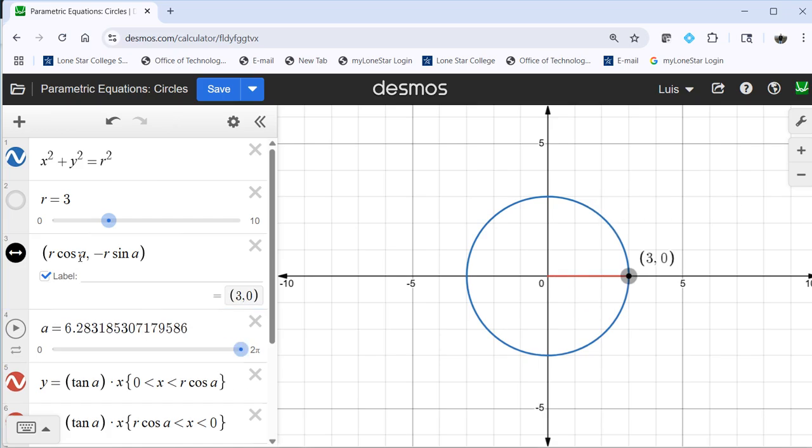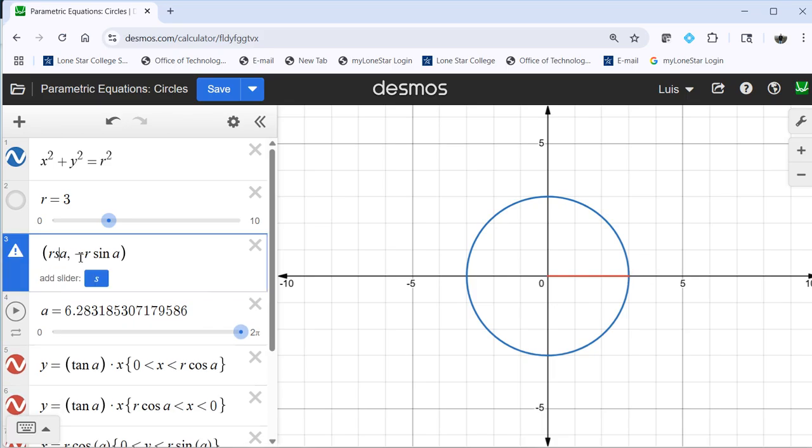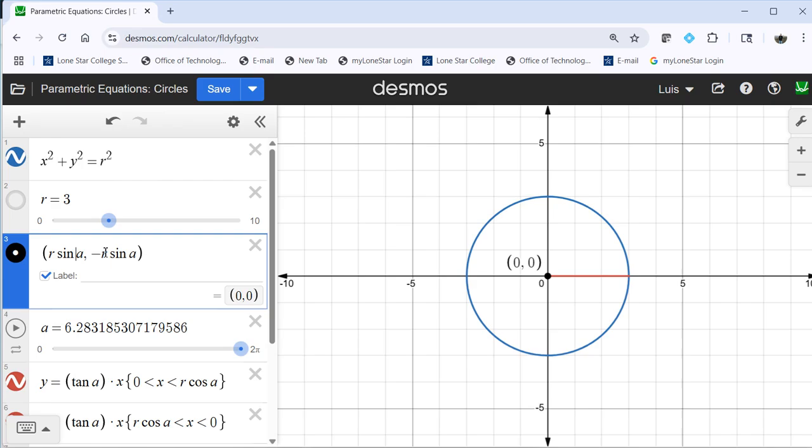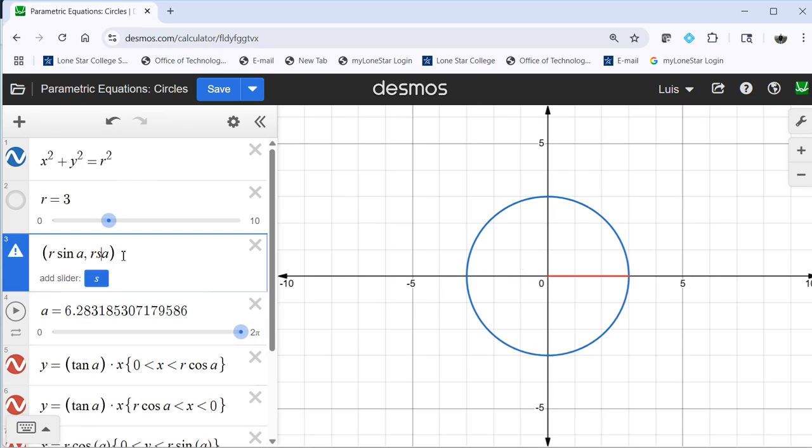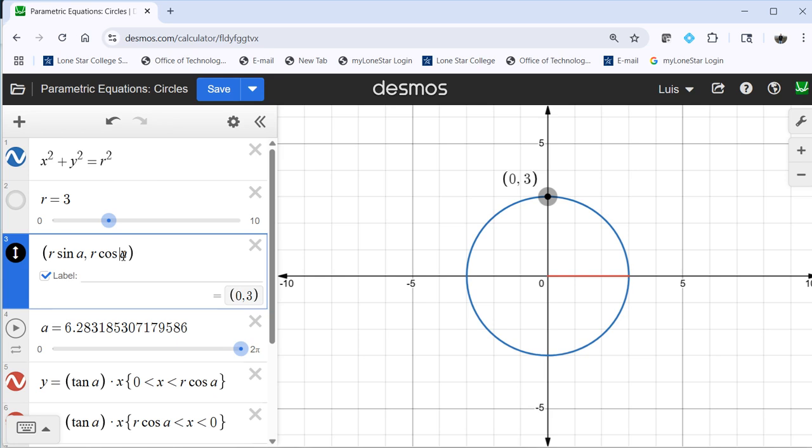And if we were to switch the two trigonometric functions, would it really change anything about the shape of the graph? And the answer is no, it wouldn't. So here in this particular case, it starts at the top of the pole now. And if we were to, for example, make this one negative, now it's at the bottom.